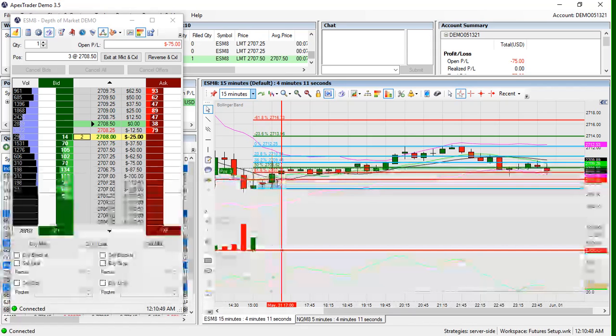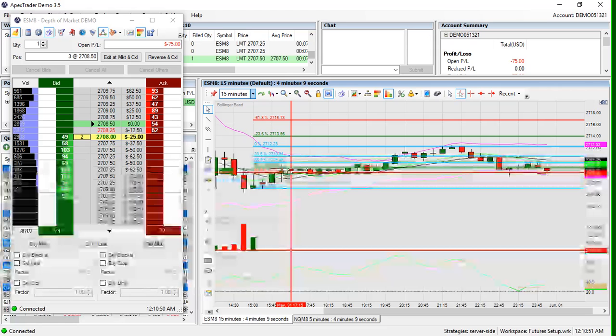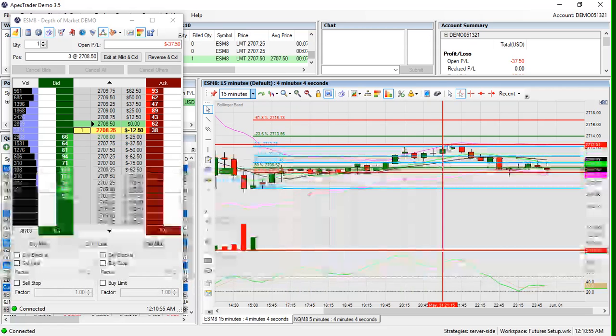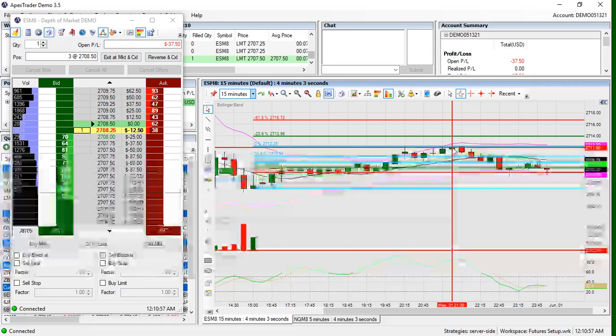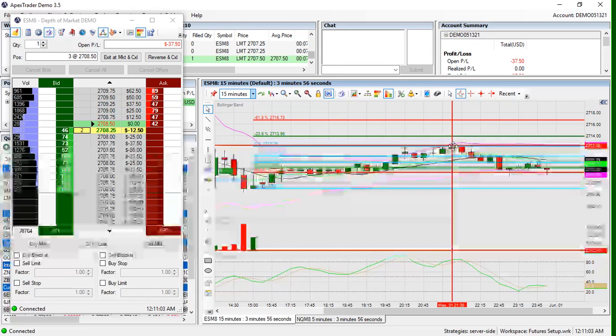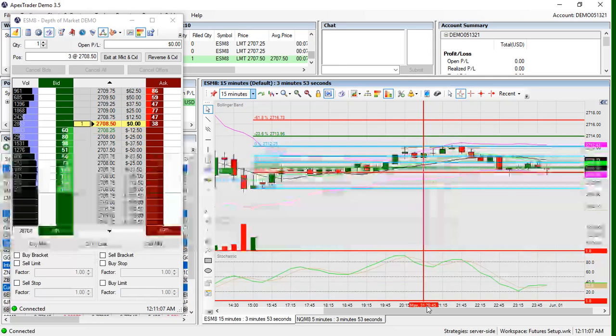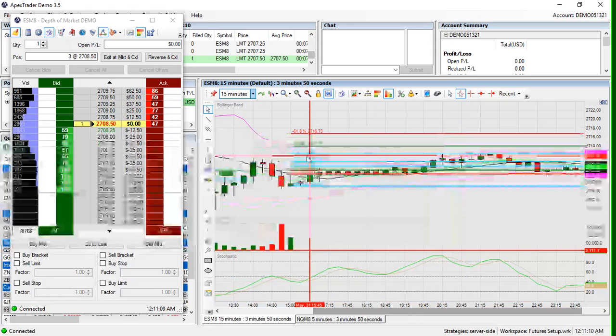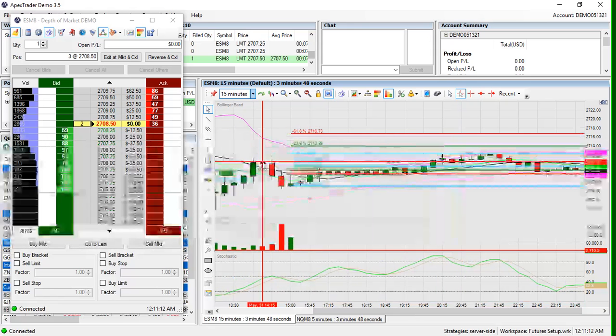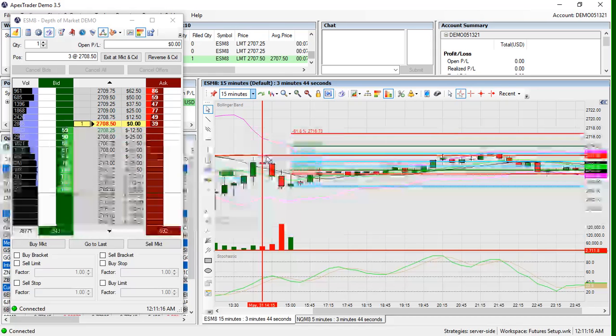So following the 15-minute chart, each one of these candles is 15 minutes. The ES decided to peak out at 9:30, and the high at 9:30 was higher than the last highs back here at 2:15.